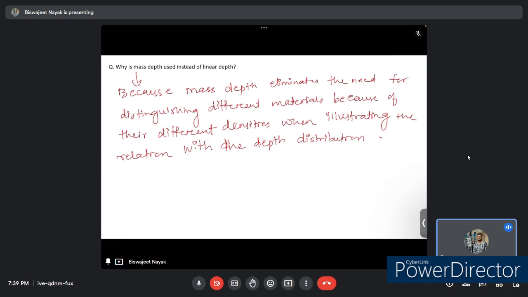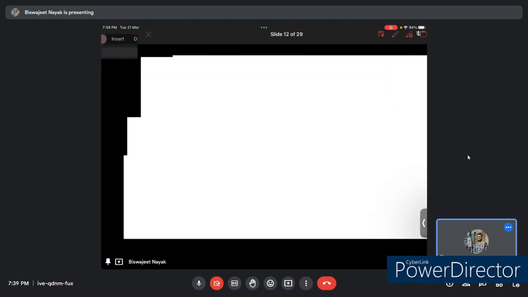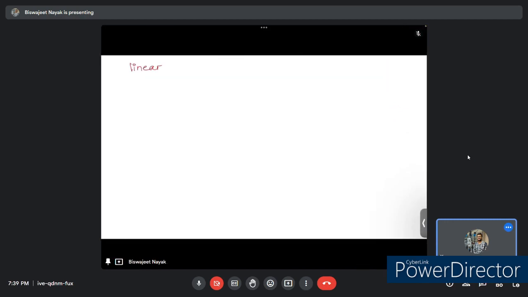The linear absorption coefficient was given by mu, where I is the intensity.